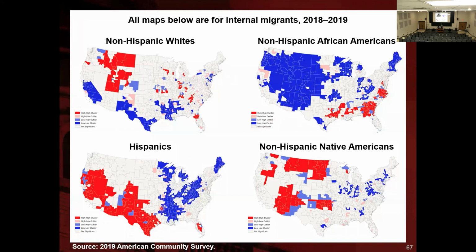And low levels of them going to the Midwest, to the Northeast, and also to the southern states. Native Americans, another pattern. Areas that usually have reservations are the ones receiving higher levels of internal migrants who are Native Americans, and low levels in Midwestern states and the Northeast.